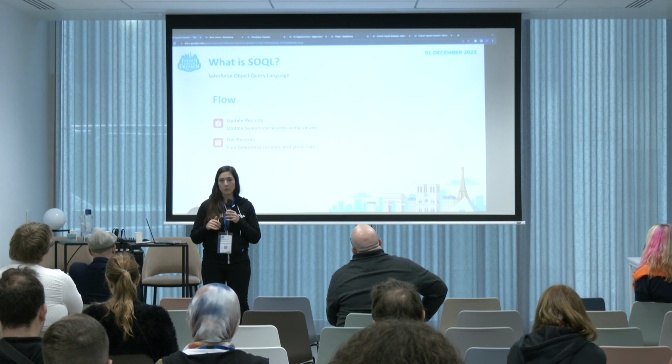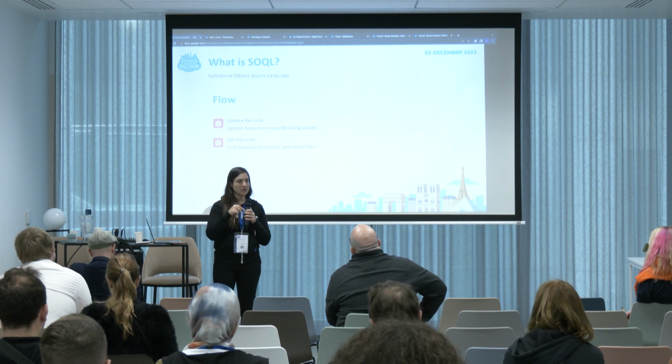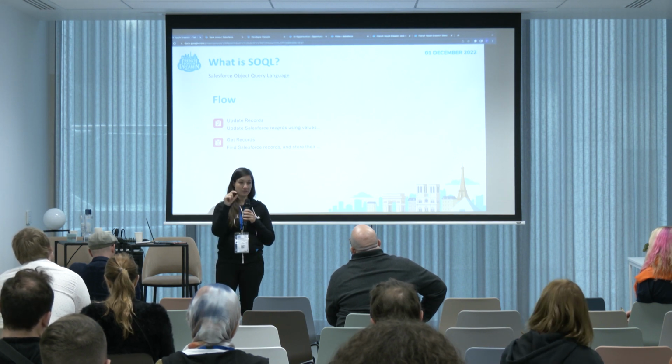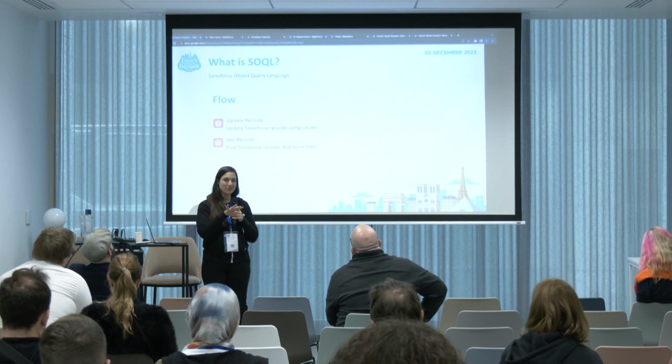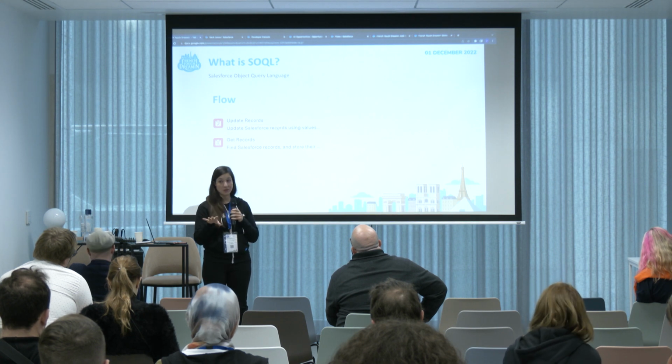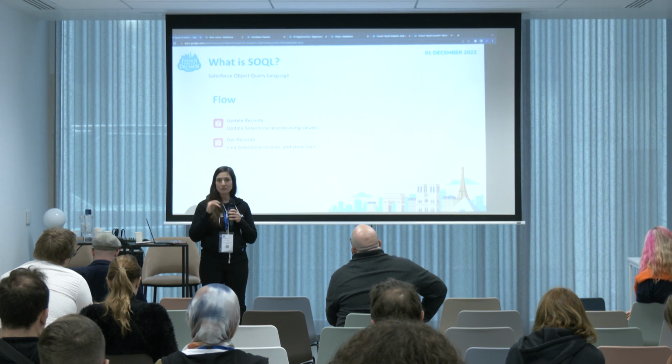And we use SOQL when we update a record in certain use cases. So if you're updating a record and you're saying, I want to update a record that matches this criteria, you're using SOQL. And that's a harder one to differentiate because we saw it actually potentially hits 2 different governor limits. So now we're starting to get complex and complicated here. And then Get Records is always going to be a SOQL statement.